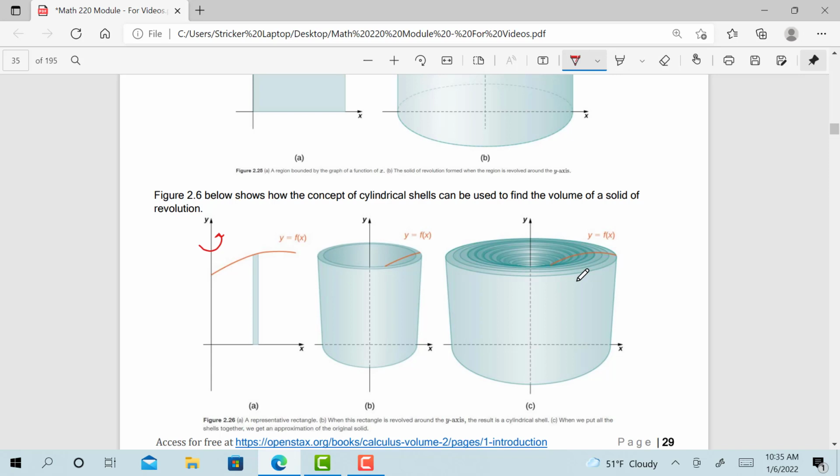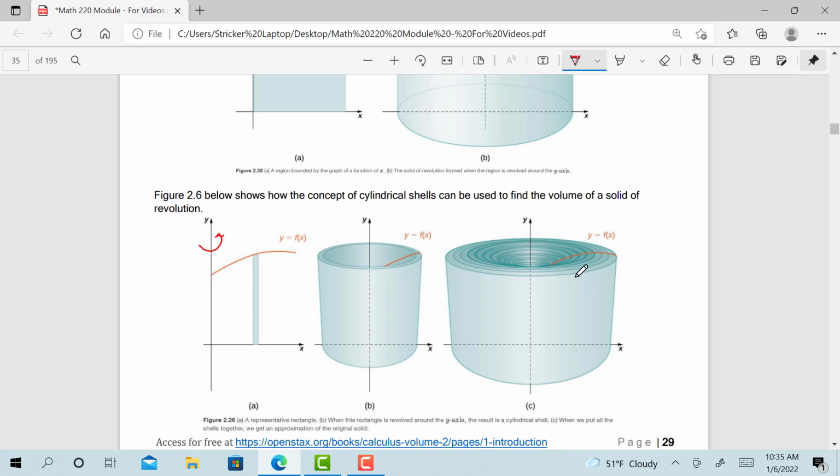It kind of looks like a lampshade. And again, if we use integration, we're going to take an infinite number of these rectangles, so we have a bunch of shells, one inside of another, infinite lampshades, if you will, all added together.